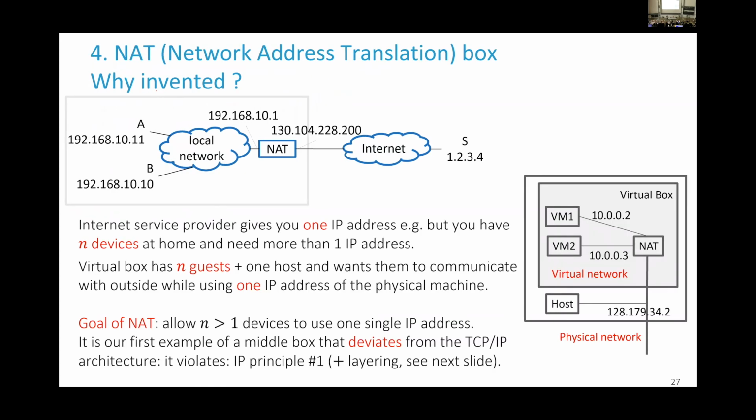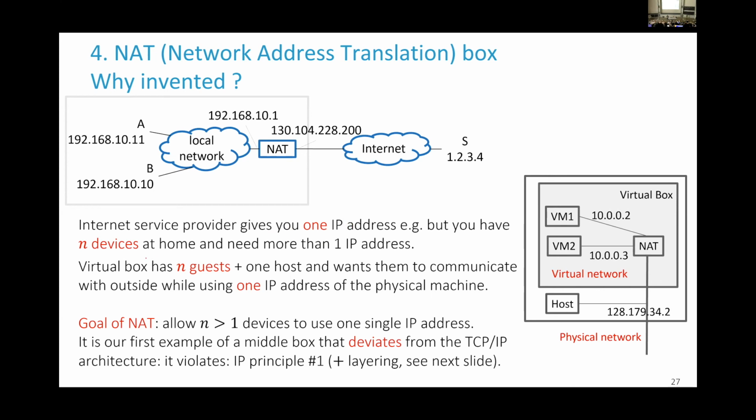Now, everything we've covered so far is the principles of IP, but the reality, what we see invariably every day, whether we are at EPFL or at home, is NATs. So what is NAT? Well, a NAT is something that was invented in order to reuse an IP address. Typically because an internet service provider gives you one IP address, but you have n devices at home.